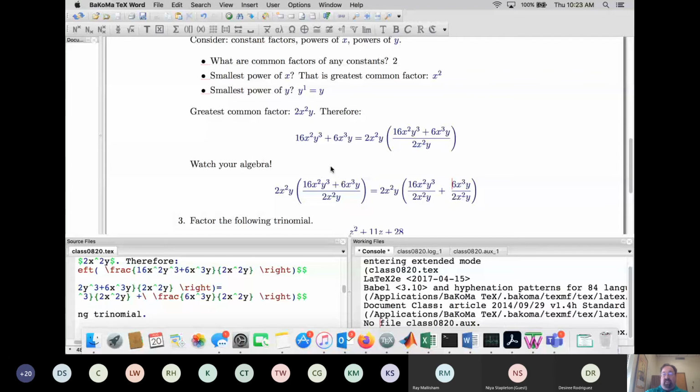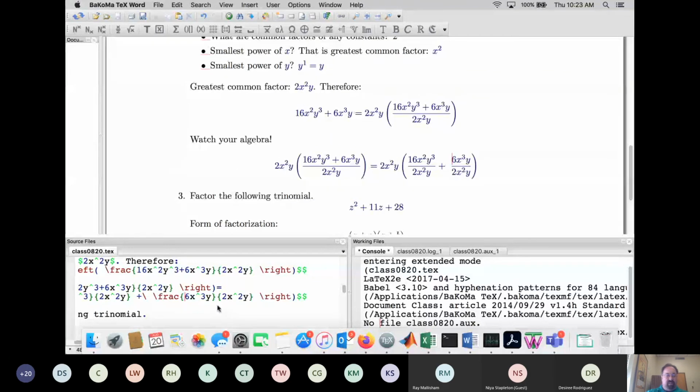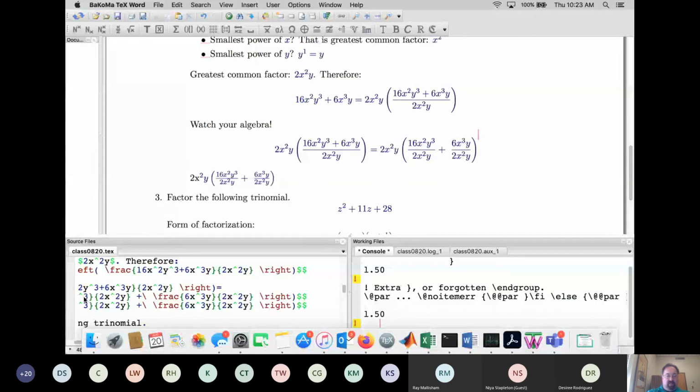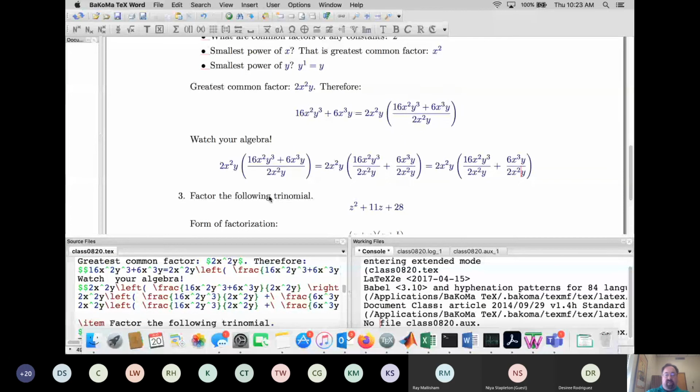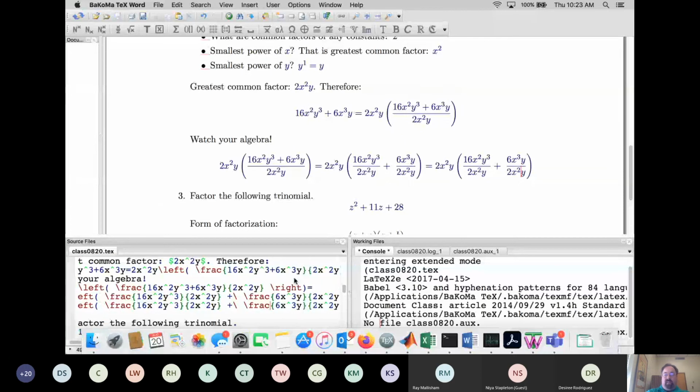Okay. Now, in each of these fractions, you remove any common factors. So here, 16 over 2 simplifies to 8.